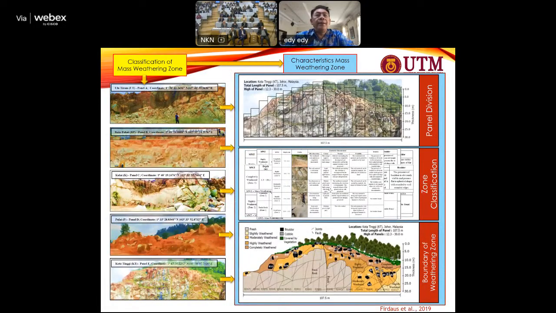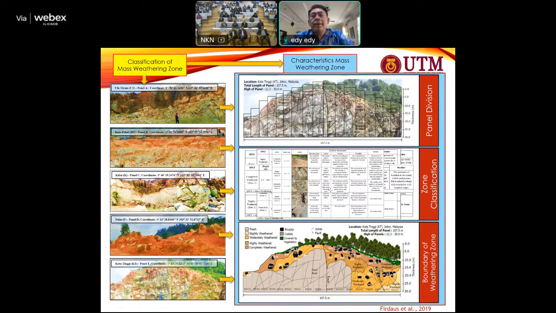Okay, this is the different background of the granitic area which we have investigated. For example, on the right-hand side, where we actually do the very detailed mapping, and then we try to understand the difference between the upper part of the profile to the bottom part of the rock mass.